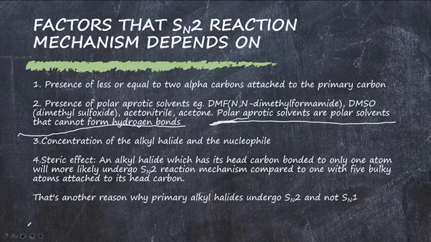Alkyl halides whose head carbon is bonded to only one atom will more likely undergo the SN2 reaction mechanism compared to one with bulky atoms attached to its head carbon. That's another reason why primary alkyl halides undergo SN2 instead of SN1, because of steric hindrance. In primary alkyl halides there's little or no steric hindrance, but in tertiary there's steric hindrance and steric effect, and that will reduce the bonding capability.